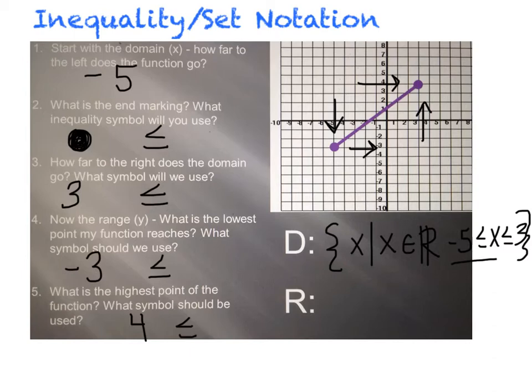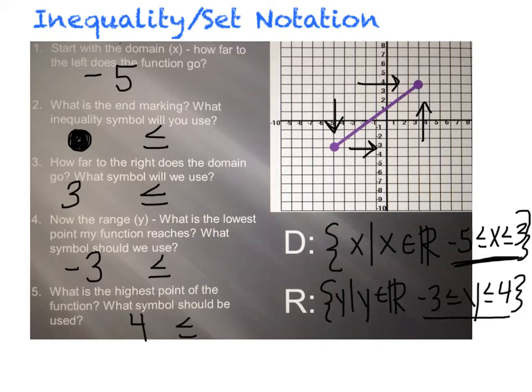This part right here would just be your inequality notation. Same thing for the range. I'm going to use y such that y includes all real numbers, which is -3 less than or equal to y, which is less than or equal to 4, and end with a closed bracket. Once again, this whole thing I just wrote is set notation. This part right here would just be my inequality notation.